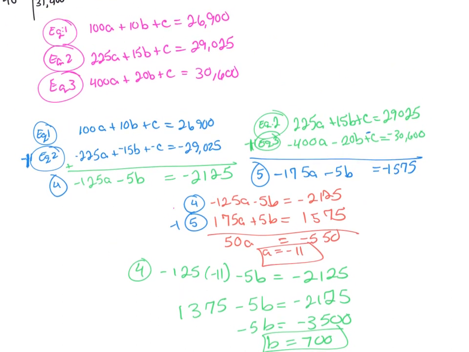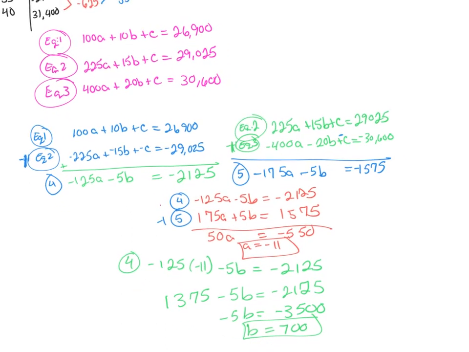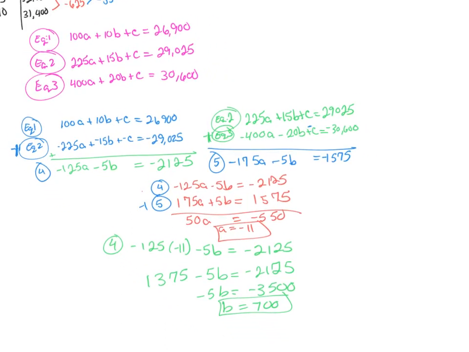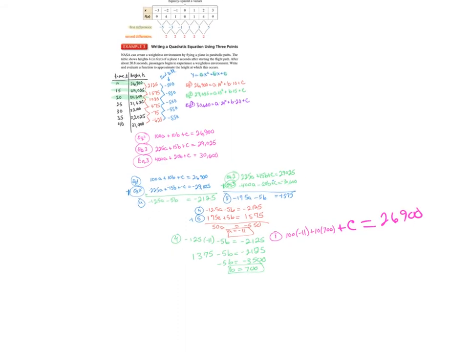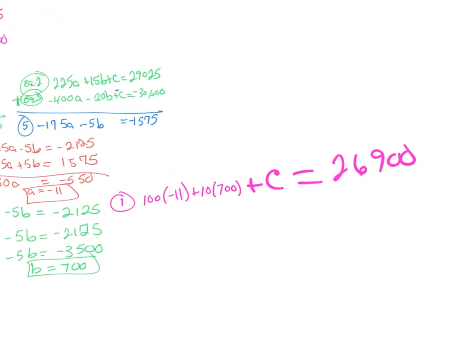We only got one more to go, and I'm going to choose equation 1. So I'm going to plug in 100 times a, which we know is negative 11, plus 10b, b we know is 700, plus c is equal to 26,900. Let's zoom in now. We're going to simplify this. That's a negative 1,100 plus 7,000 plus c is equal to 26,900.